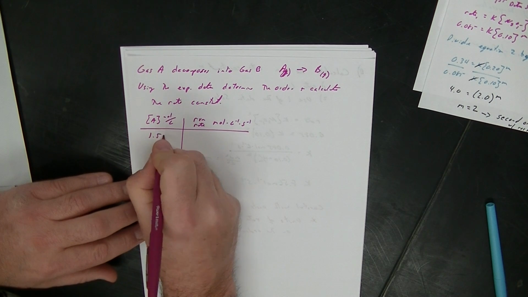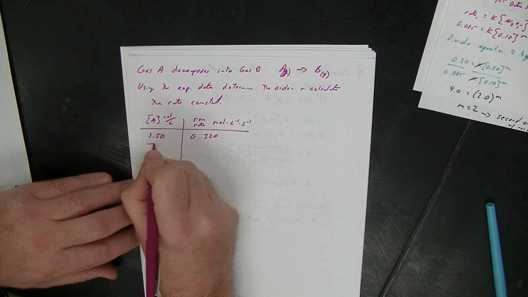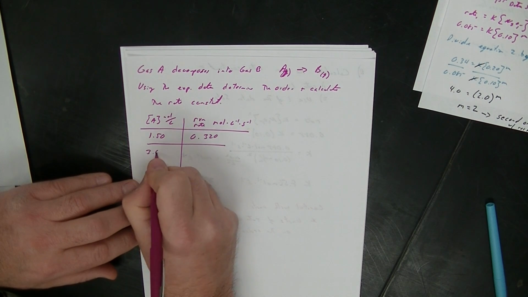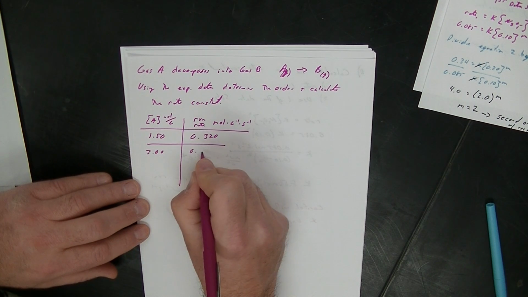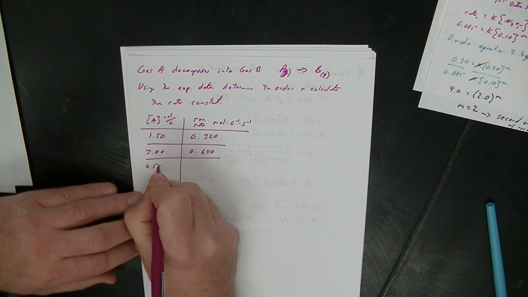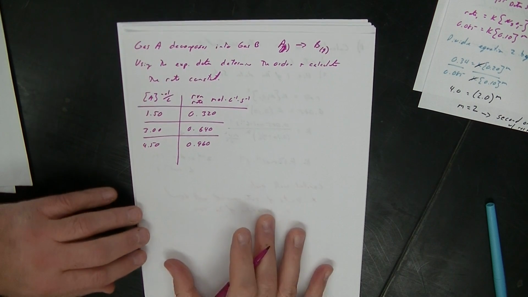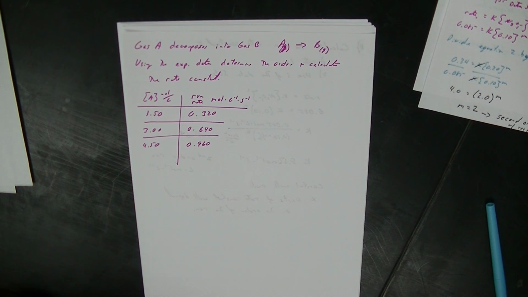So at 1.50, we get a rate of 0.320. At 3.00, we get 0.640. And then at 4.50, we get 0.960.